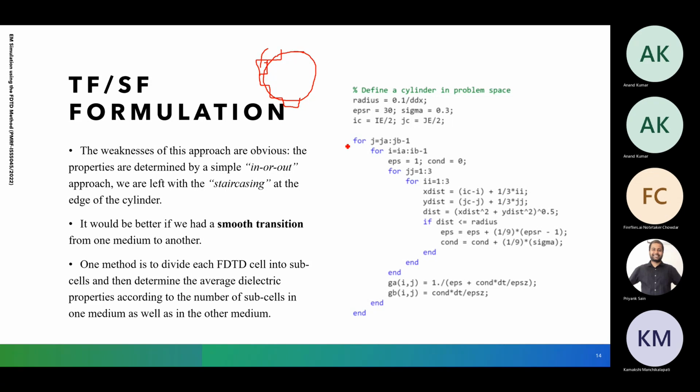We discussed this quite a bit in the last class: we divided this particular cell into smaller regions, each carrying a weight, and if it belonged inside the circle, we would add the weight to the permittivity, and if it lay outside, we would not.